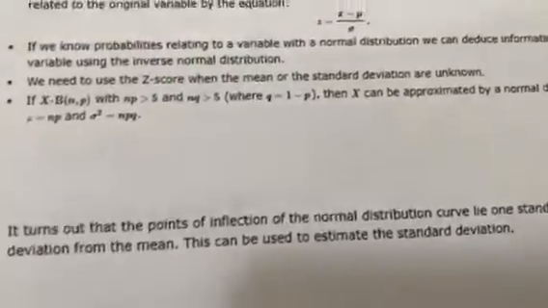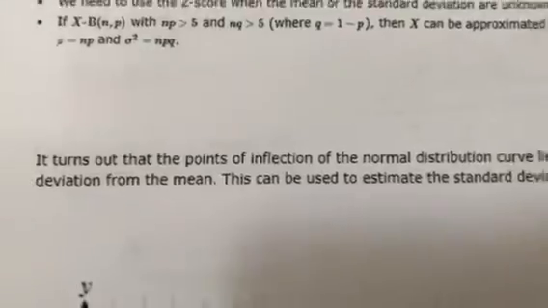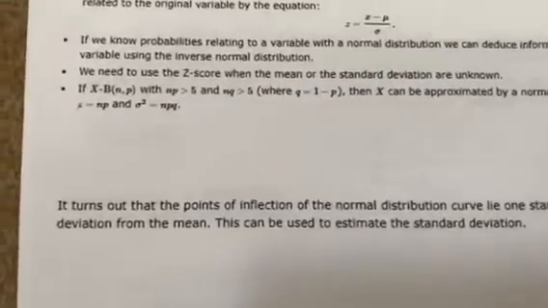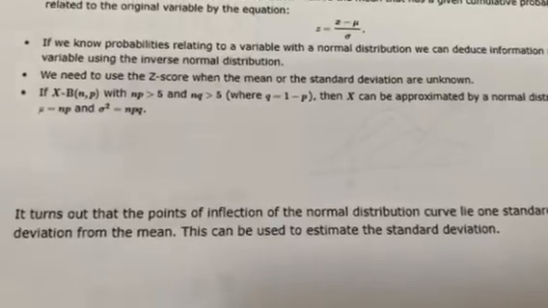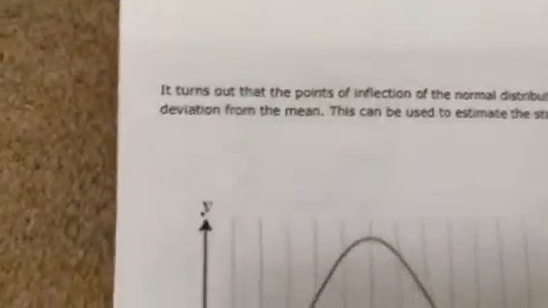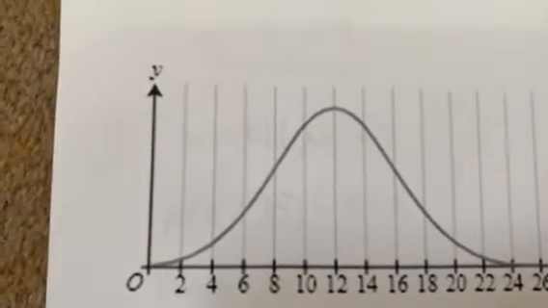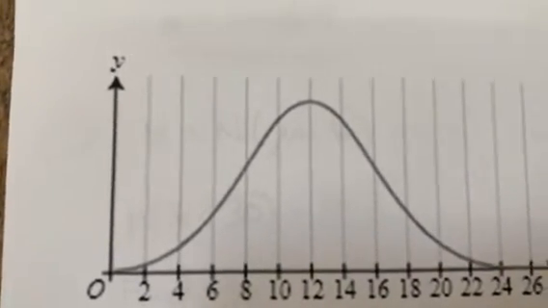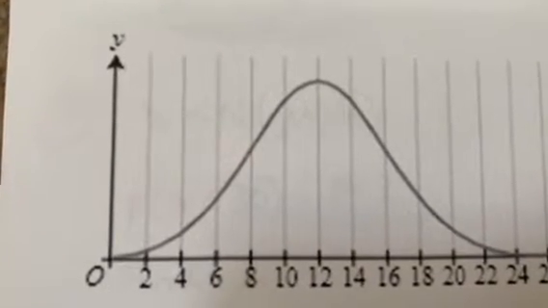There's also, very briefly, points of inflection of the normal distribution curve. It's difficult to see how they would ask this, but it's good that you know it. It is on your syllabus. If you look at your normal distribution curve here, all these curves are always symmetrical about the mean. The mean is 12.